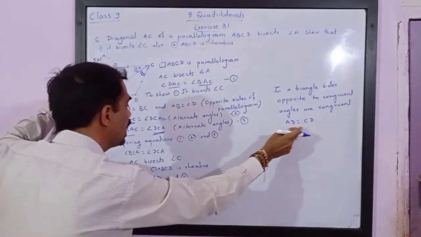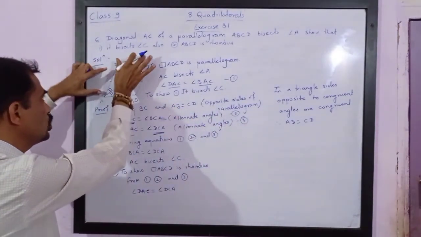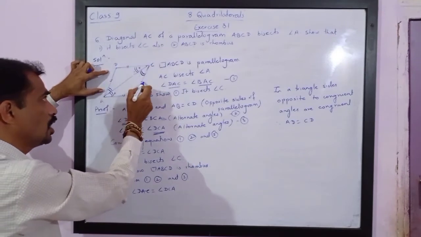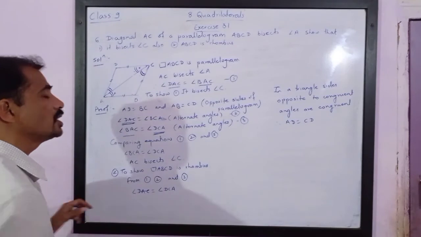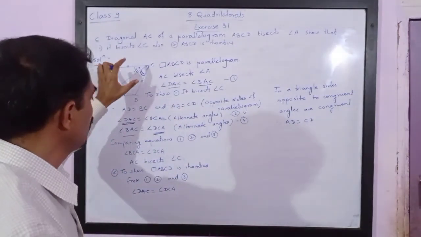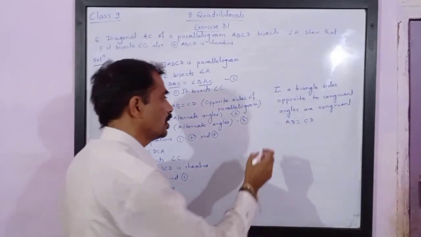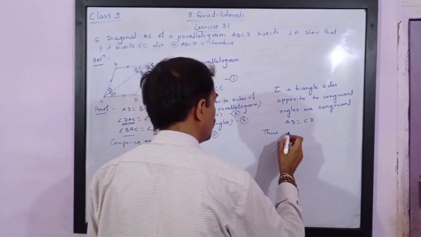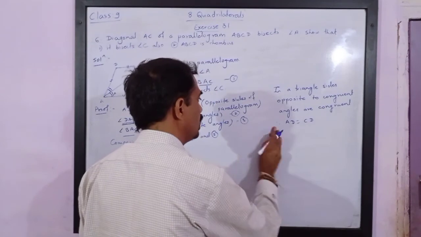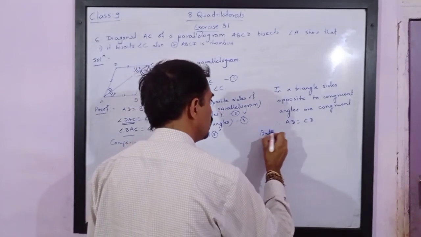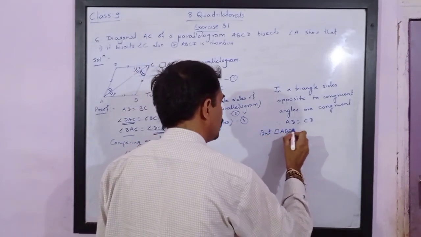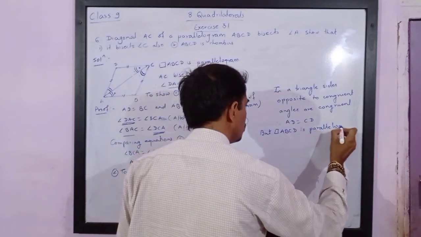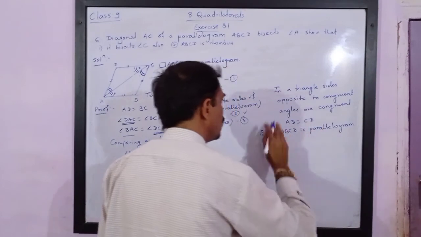Now we are saying AD equals CD, means these two adjacent sides are equal. So if adjacent sides are equal, opposite sides will also be equal. It means all sides are equal. But quadrilateral ABCD is a parallelogram.